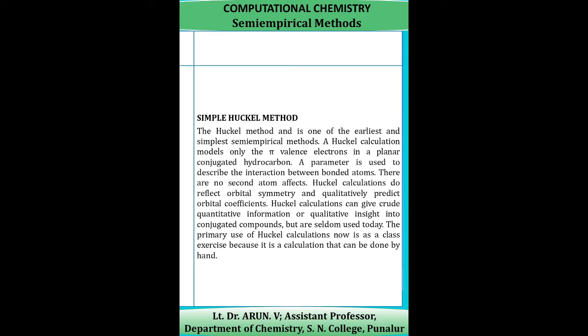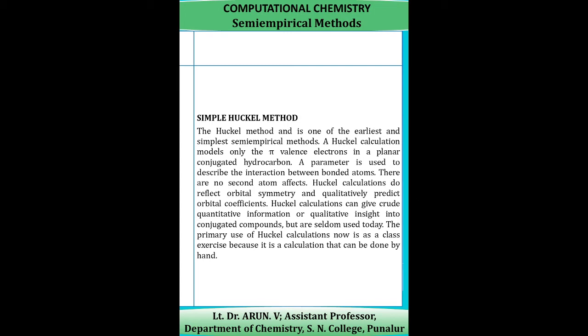Next, we have to study the simple Huckel method. The Huckel method is one of the earliest and simplest semi-empirical methods. A Huckel calculation models only the pi electrons in a planar conjugated hydrocarbon. Here, the parameter is used to describe the interaction between the bonded atoms in the conjugated planar hydrocarbon.